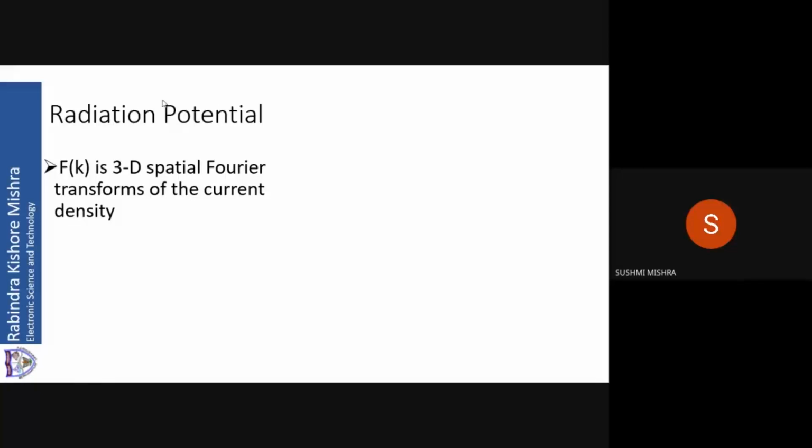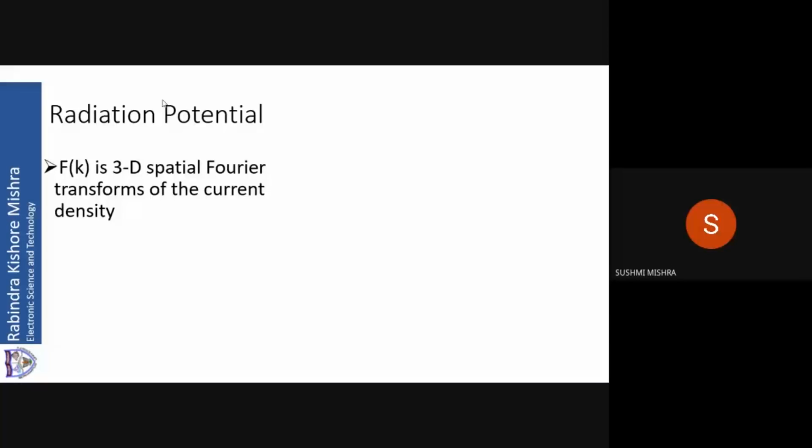We have current density e to the power jkr integrated over volume, right? So it is the spatial Fourier transform, in fact 3D spatial Fourier transform, of the current density. So the radiation vector F(k) is the 3D spatial Fourier transform of the current density.